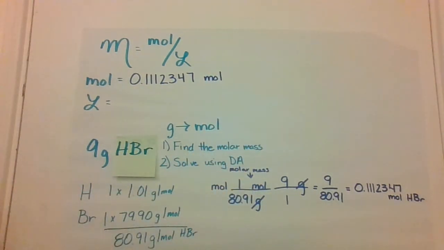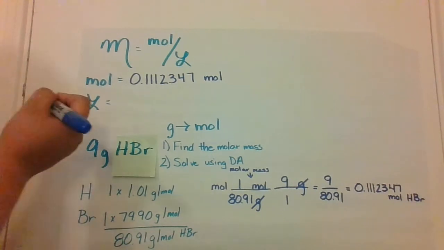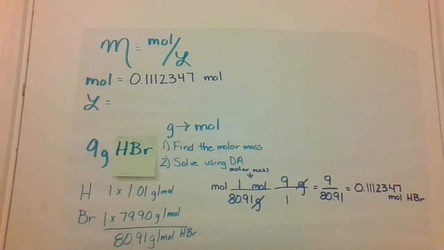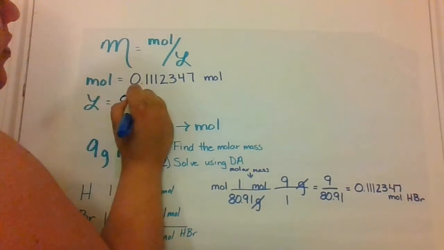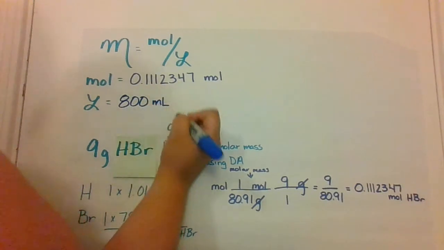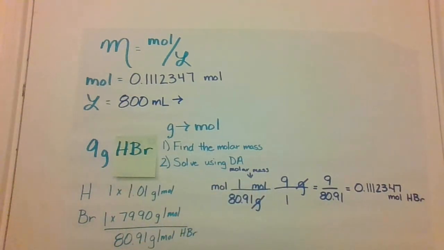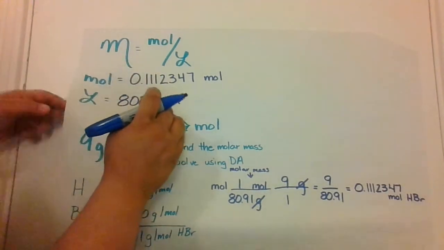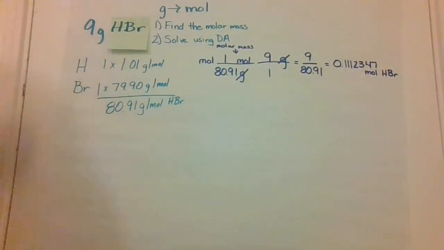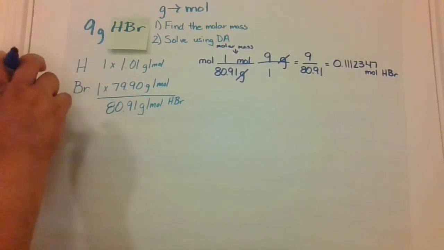All right. And if we look at it, our problem said that we had 800 milliliters. So we know that that, by definition, has to change. So once again, we'll do another dA conversion, solving for liters. So once again, let's come on down a little bit below where we worked on our molar mass and finding our moles. And let's go ahead and change our milliliters to liters.